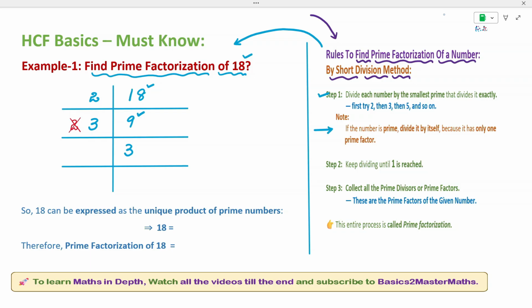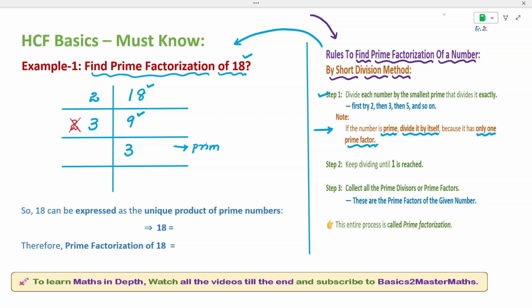Observe here, if the number is prime, divide it by itself because it has only one prime factor. In this case, 3 is prime.